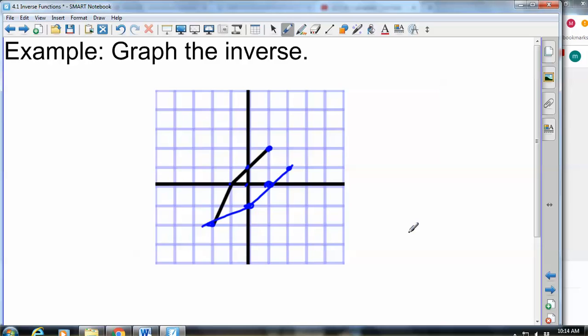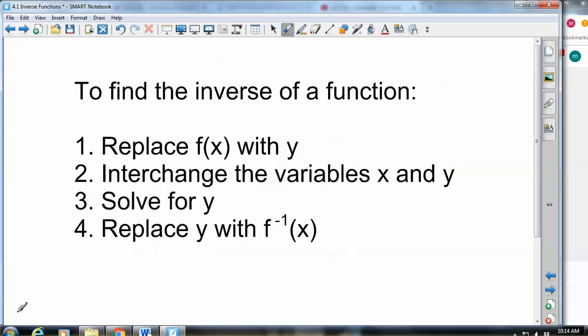Any questions? So the last piece of this is to actually find an inverse. That's where we're going to end today. To find the inverse, first thing, if it's written in function notation, f of x, you need to change your f of x to a y.